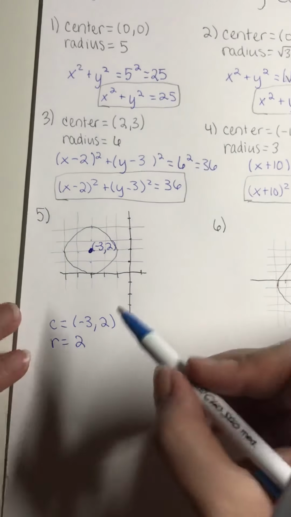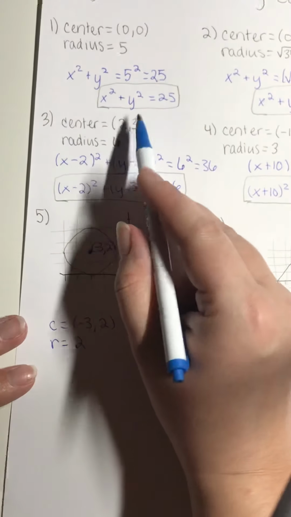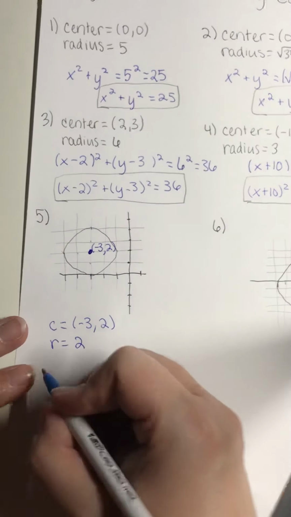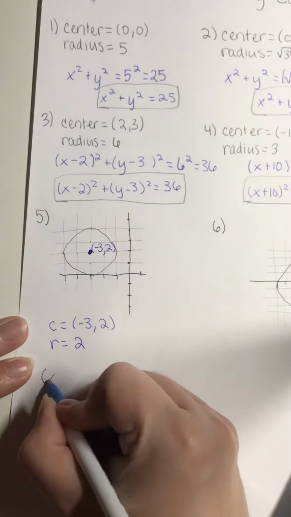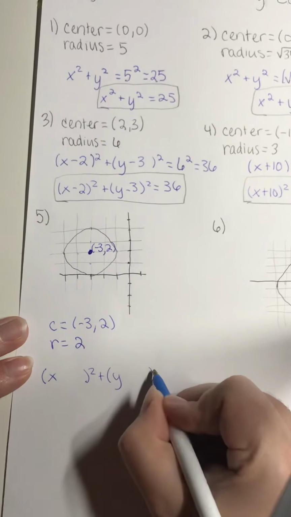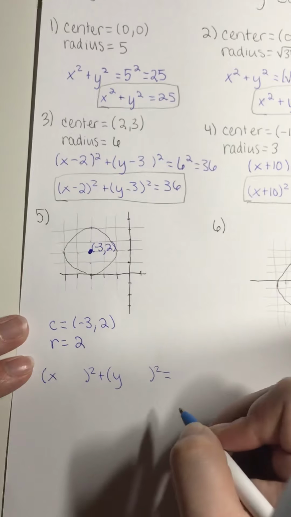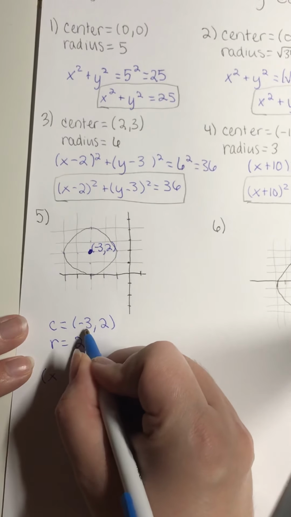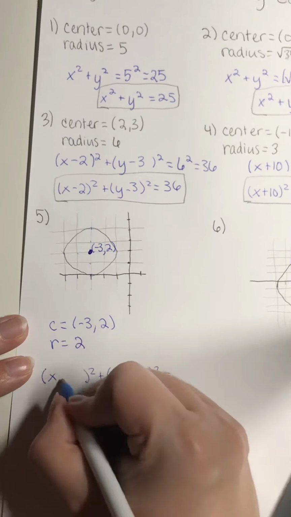Now I have the same information that I started with in these problems. I know my center and I know my radius, so I can write my equation using that. x something squared plus y something squared equals r squared. The number next to my x is going to be the opposite of this one, so it'll be plus 3.